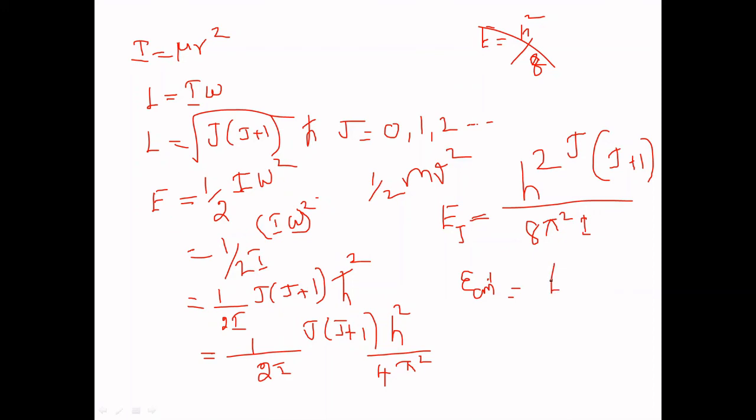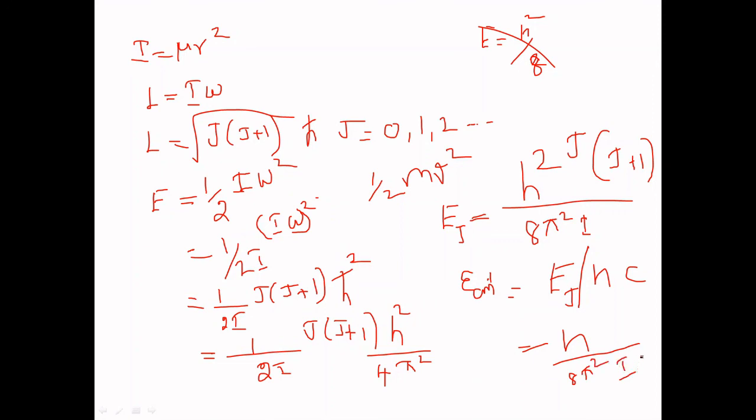We need the energy in terms of inverse centimeter when we talk about rotational spectroscopy. Hence we have to divide the whole term by hc. Now the energy in inverse centimeter equals h by 8 pi squared I c, times j into j plus 1.